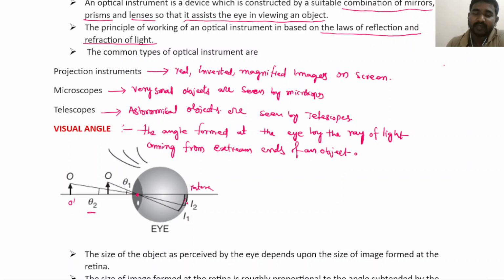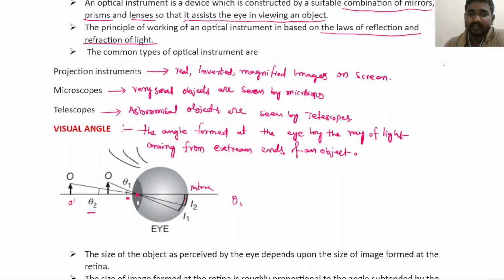The length of the image formed on the retina gives the size of the image perceived by the eye. Therefore, if the visual angle is more, the image perceived by the eye is more, and if the visual angle is lesser, the image perceived by the eye is lesser. Now here you can see this location is theta 1.